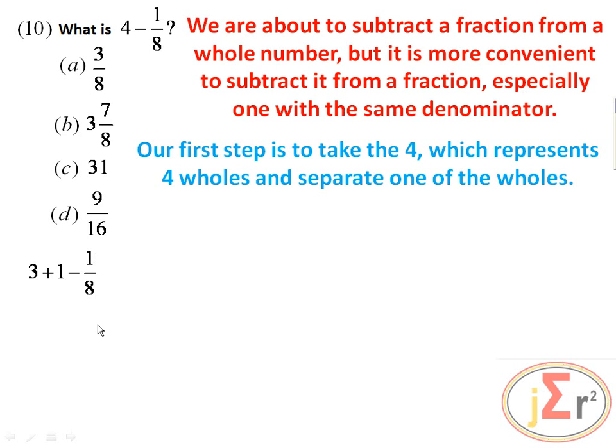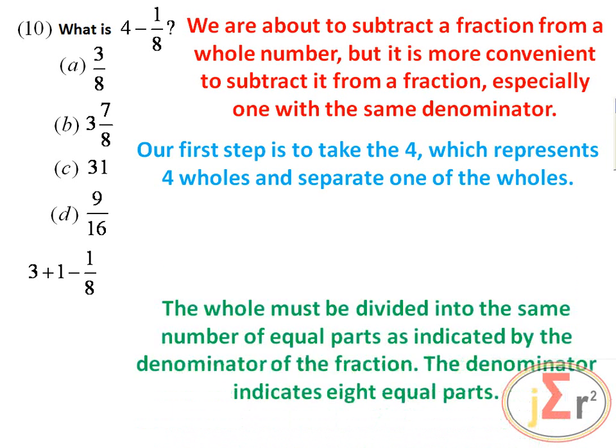Right, let's see if Jerry can figure out what this 1 is equal to if we are going to write it as a fraction with the same denominator. The 1 is equal to what, Jerry? 8 over 8. It is going to be represented by 8/8. So the 1 will be represented by 8/8.